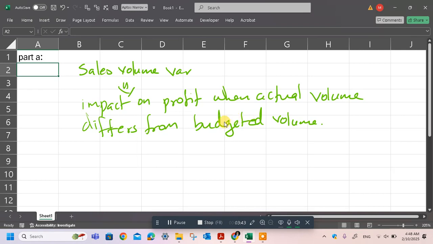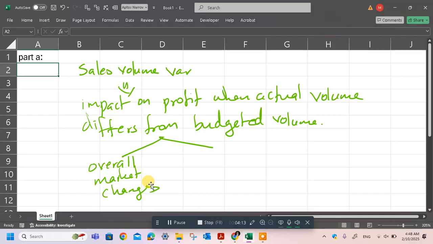But this volume variance can be caused by 2 factors. What are the 2 factors? The overall market itself would have changed. That means you expected the supply to be, say, 5,000 doctors, but actually market demand was 6,000 doctors. Why? Some market factors changed, such as a shortage of doctors.